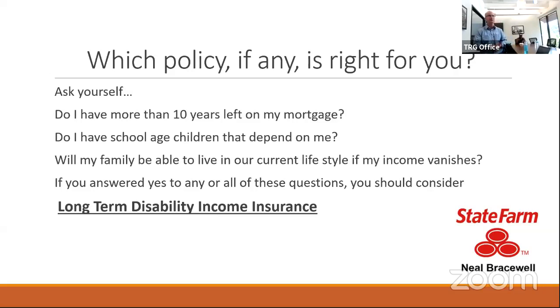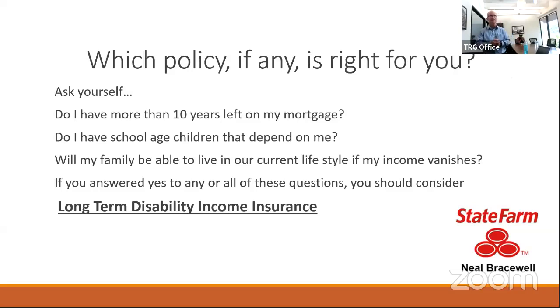Long-term disability with somebody who has probably 10 years or more left on their mortgage. They got school-age children that depend on them. I just wrote a policy for an attorney who's got 3 kids under the age of 8. So she wanted to make sure that they were taken care of.